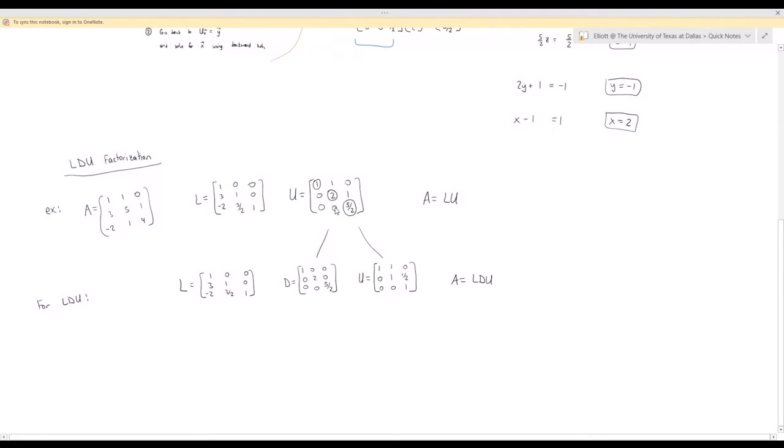So in other words, these two actually multiply to give you this guy here. And you can just check that right now if you want to confirm. And so that's how you get this LDU factorization from the LU.